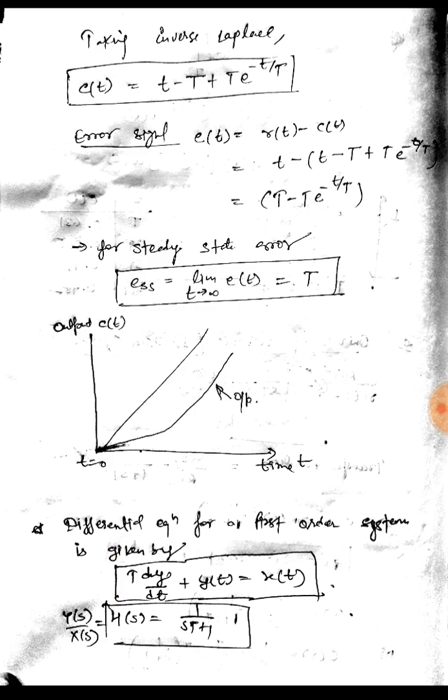So its transfer function will come out to be Y(s) upon input X(s), that is H(s) or T(s) is equal to 1 upon sT plus 1, which we have used in the previous example. So this is the first order differential equation, which we can calculate using the inverse Laplace transform and Laplace transforms, or we can use Fourier transform as well.